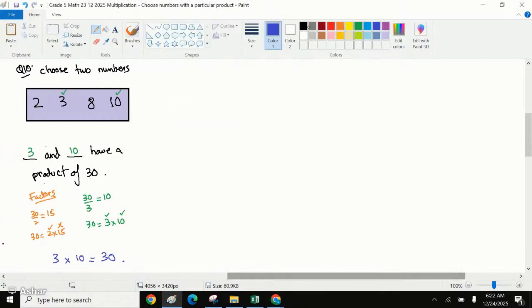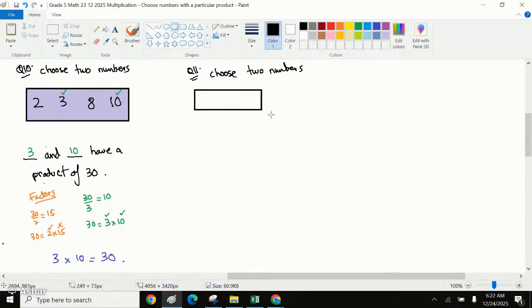Okay. Let's see another question. Question number 11. It says choose two numbers. Okay. Let's make up the options over here. If the options given to us are, let's suppose, 5, 6, 7, and 8.